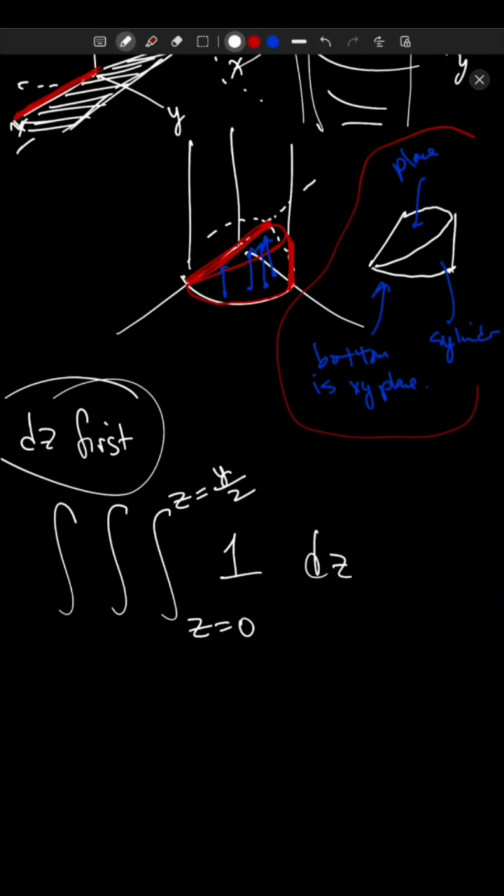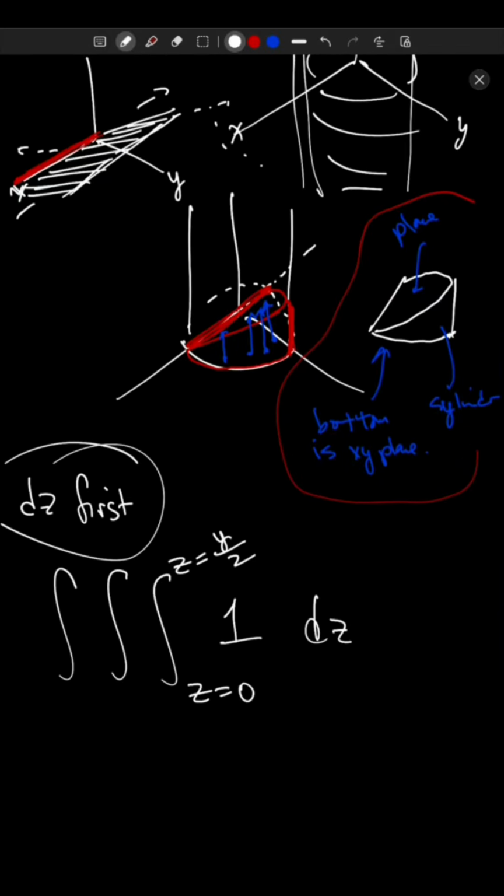What are the outer two integrals? Well, we think of the sun shining from above. That gives us the shadow, all the places where we actually need a vertical line in order to fill up our region. In this particular picture, that's everything here, and of course on the other side as well.